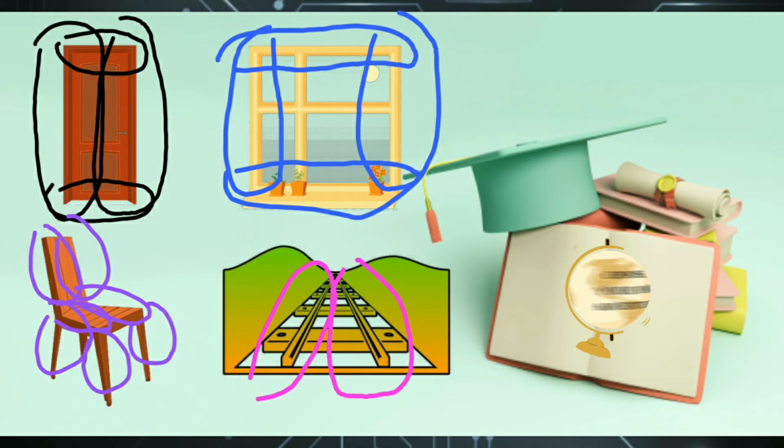And on the purple line, there is a chair that also has parallel lines between the back, base, and also the legs of the chair, which are parallel lines, and of course will not intersect each other. It's a different story with a folding chair, where the chair legs can cross each other.